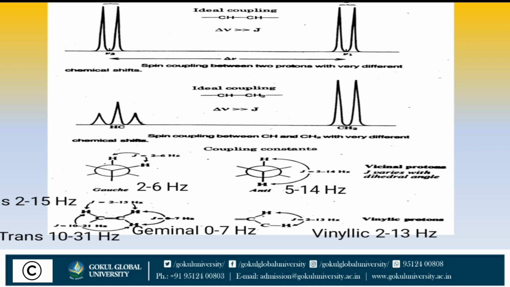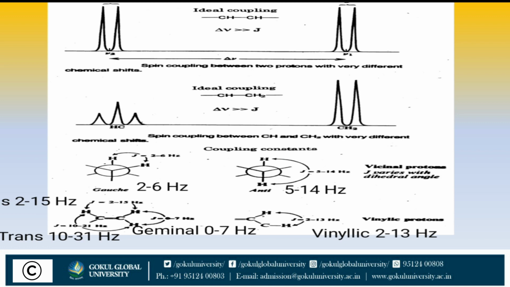Here we show an example with gauche, anti and vinylic protons and vicinal protons. If anti, the value is 5 to 14 hertz, and if gauche, then the angle and value is 2 to 6 hertz. In geminal protons we show the example of cis: the cis protons are 2 to 15 hertz and trans protons have 10 to 31 hertz.